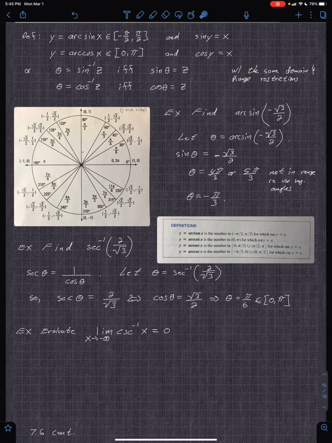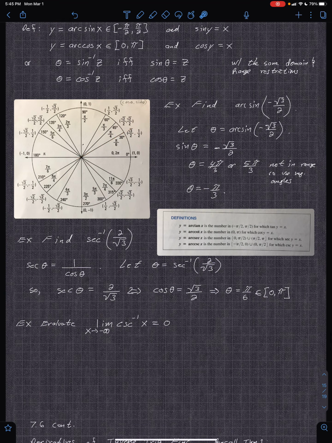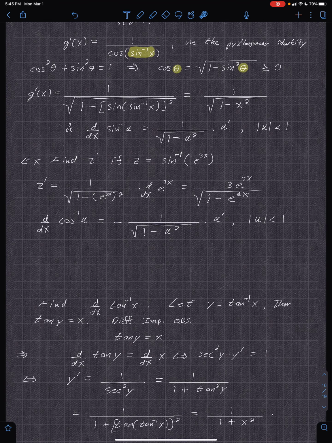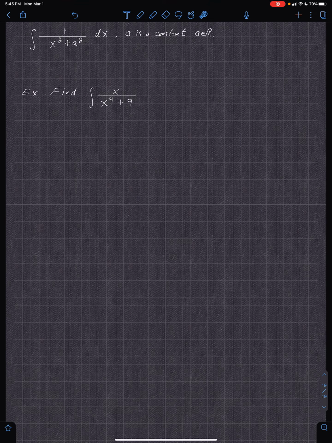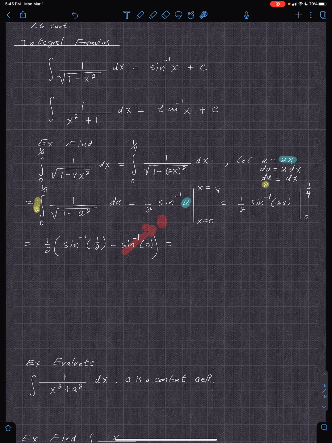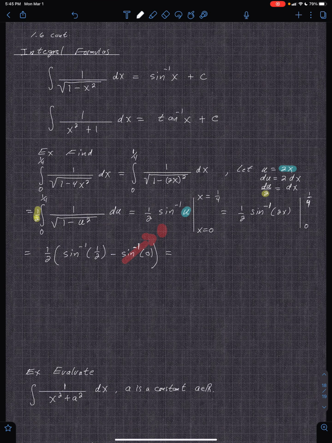That's pretty easy on this one: pi sixth, since it's in the first quadrant, which is always a lot easier. So we get 1/2 times pi sixth, which is equal to pi 12ths.